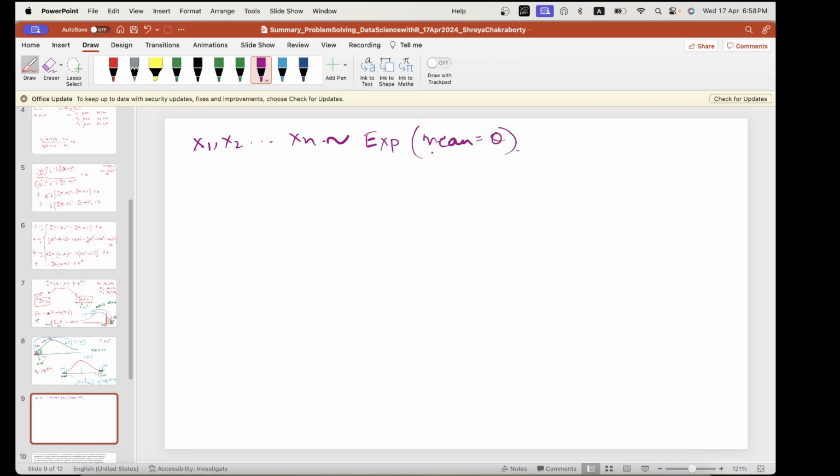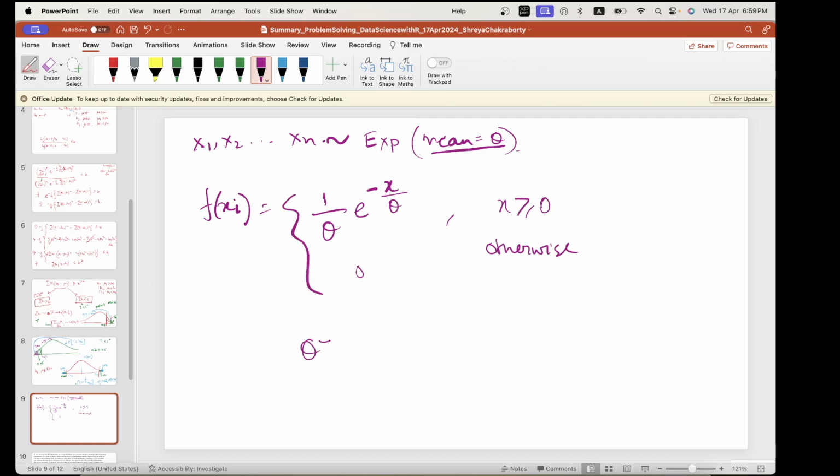If the mean is theta, then the parameterization is that f(xi) is 1 by theta e to the power minus x by theta, if x is greater than or equal to 0, and 0 otherwise, and your theta is always greater than 0. Alright, if this is your parameterization, then how do you devise a critical region?